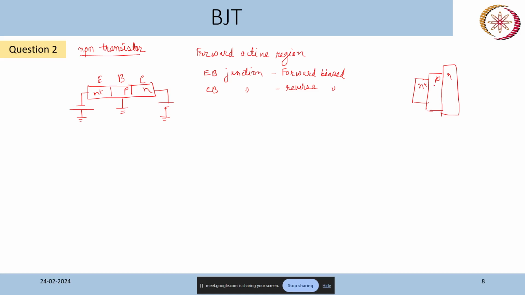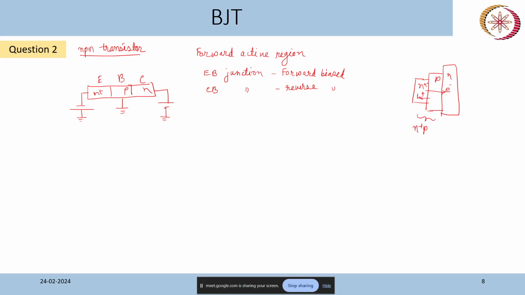Because the emitter is n plus, electrons will move from the emitter side, cross the base and then reach the collector. And holes will move in the opposite direction in this n plus p junction.